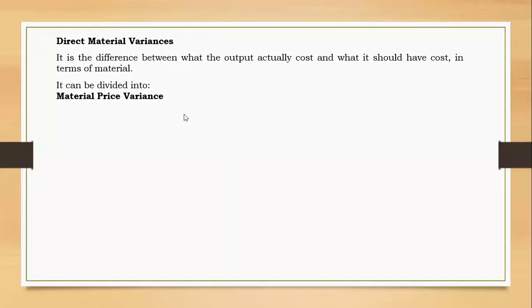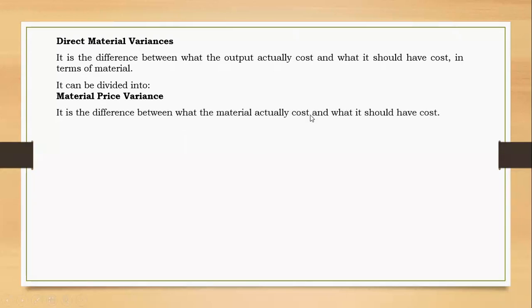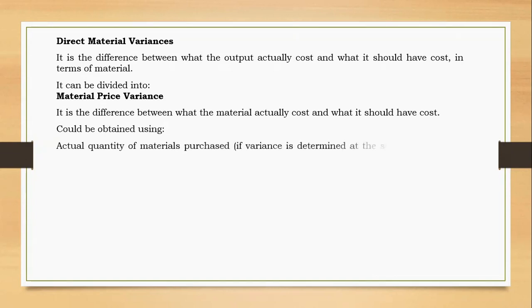Okay, so I'll have this one, material price variance. Don't worry about this, you just see it in a very short pro forma. Variances is all about pro forma. It's just the difference between what material actually cost and what it should have cost. It could be obtained using the actual quantity of materials purchased, or the actual quantity of materials used. It really depends. Materials purchased is used if the variance is determined at the start of the period, when we just purchase materials.